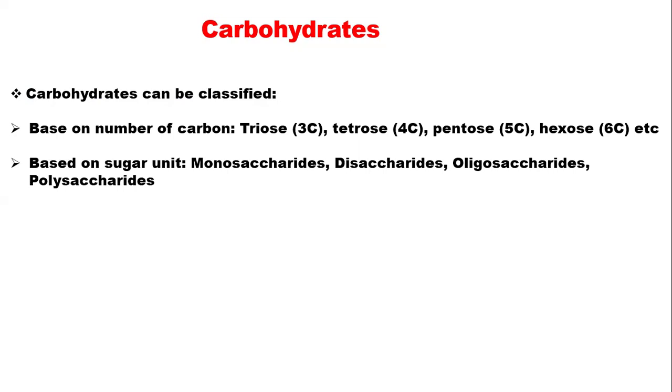So we can have starch here, we can have glycogen, and we can have cellulose. And also, based on functional group, we can classify carbohydrates as ketoses, those that have ketone functional group, and aldoses, those that have aldehyde functional group.